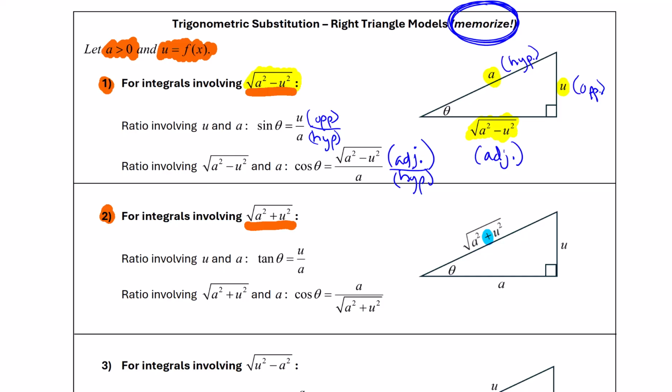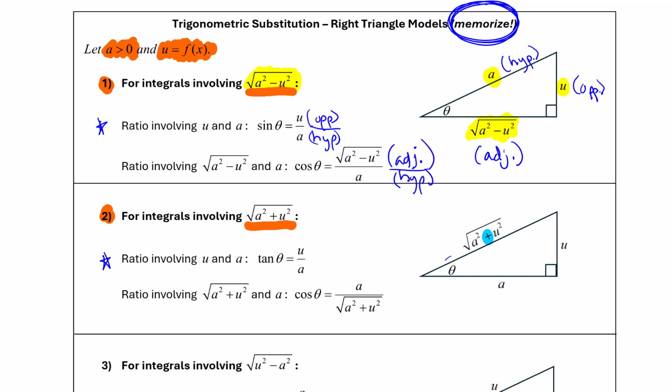If we now want to find a ratio involving U and A, which, by the way, is exactly what we did in the first model, we wanted a ratio involving U and A. Same thing here, but now, because of the different labeling of the triangle, you're going to have a different ratio.